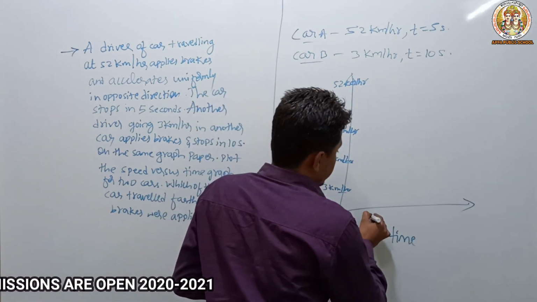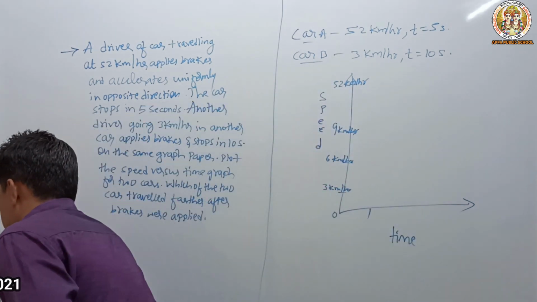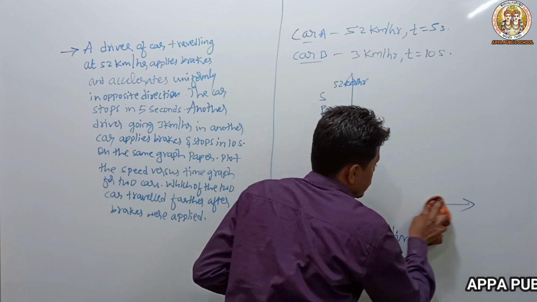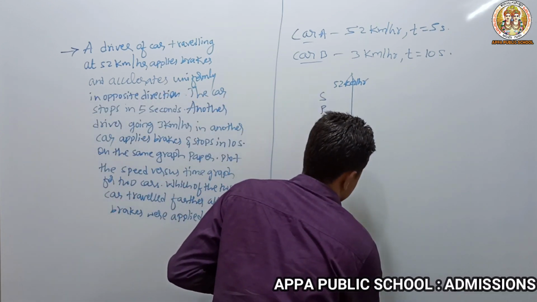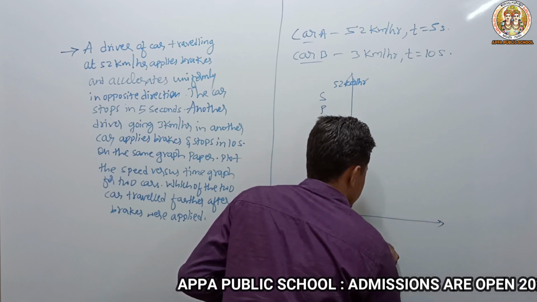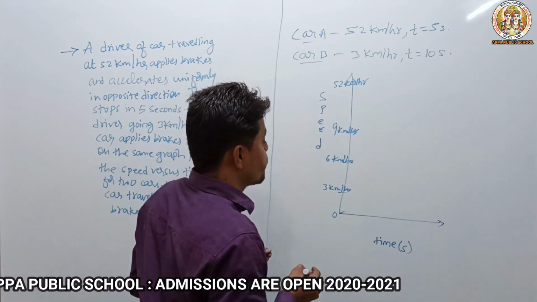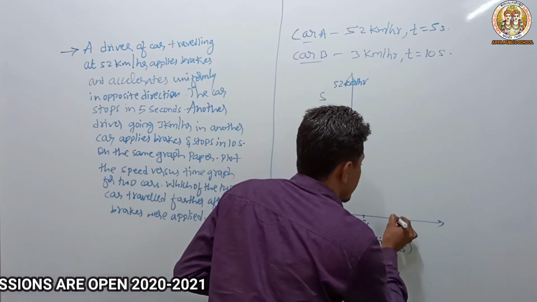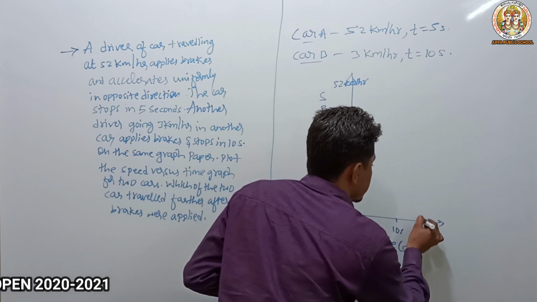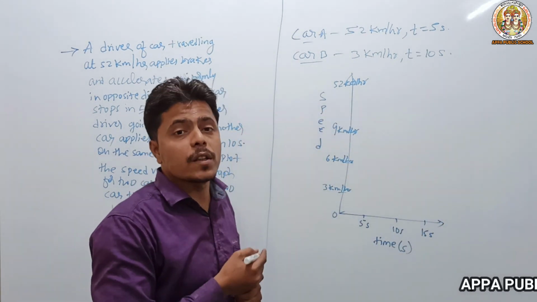And for time taken, we can write here 5 seconds, then 10 seconds, 15 seconds. So we are going to plot the graph.